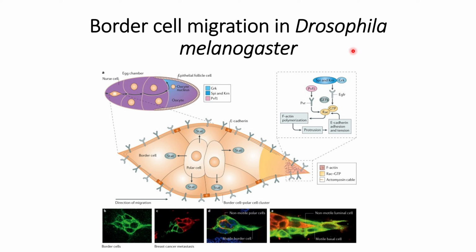Border cell migration in Drosophila melanogaster is in line with cancer cell metastasis, especially breast cancer cell metastasis.